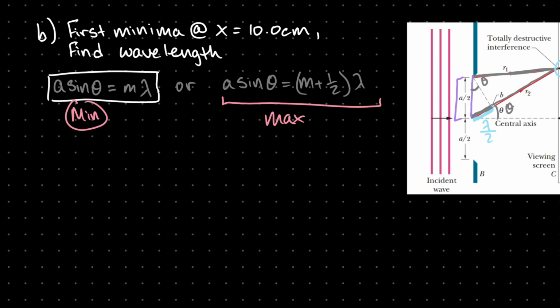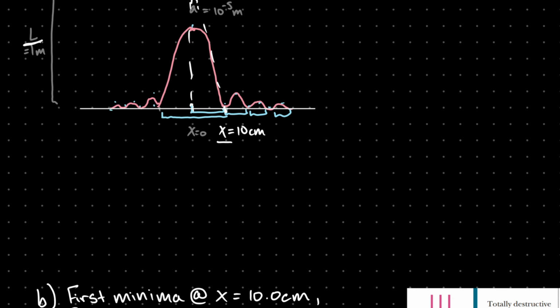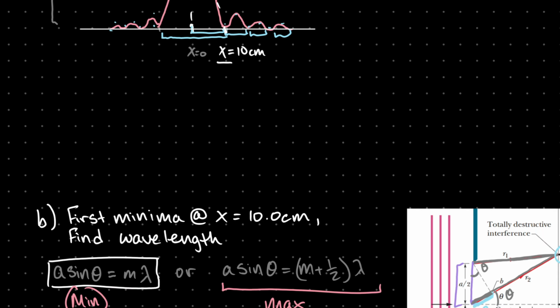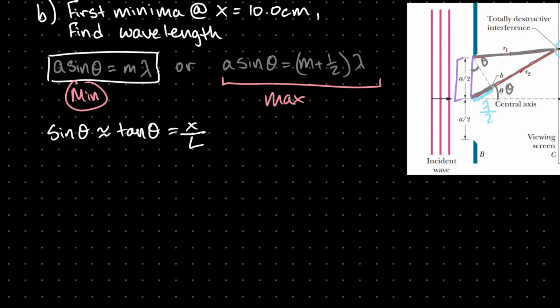Basically what our small angle approximation says is that sine theta is basically equal to tan theta, and we know tan theta is equal to x over L, or opposite over adjacent. So we can use the small angle approximation to rewrite this equation in terms of x and L. We basically have ax over L is equal to, since we're looking at the first minima, m equals 1, so ax over L equals lambda.